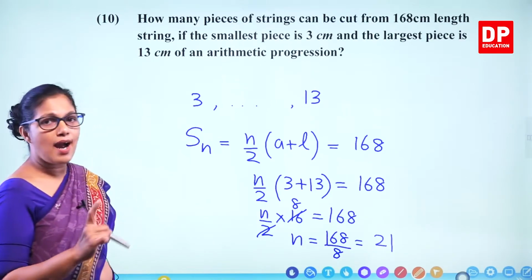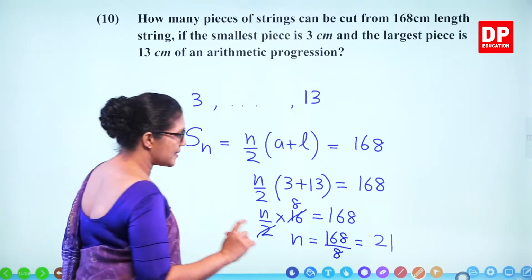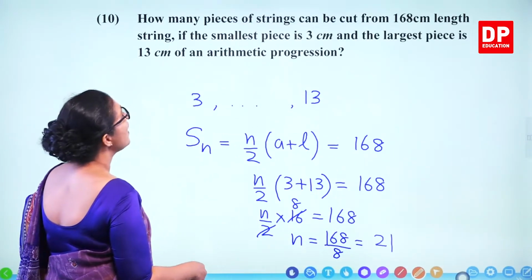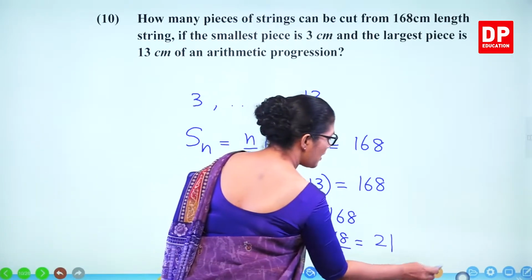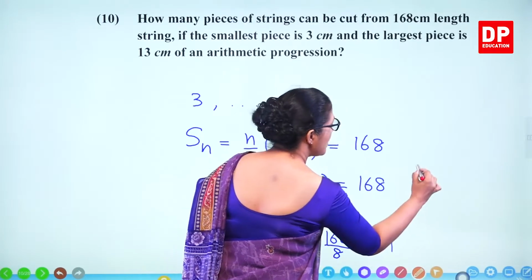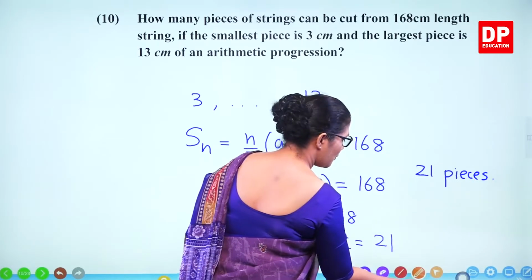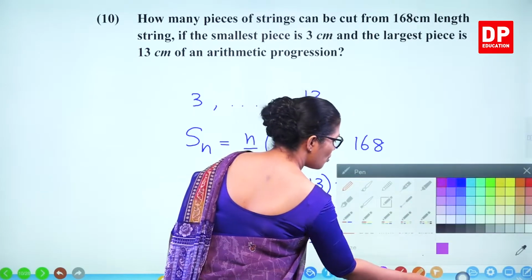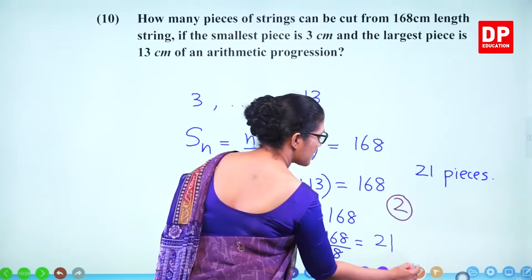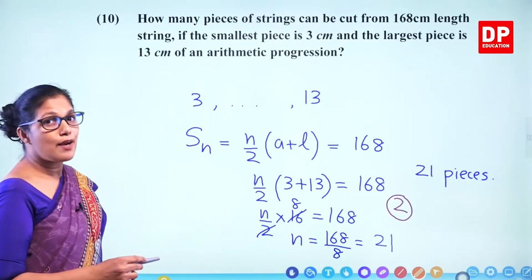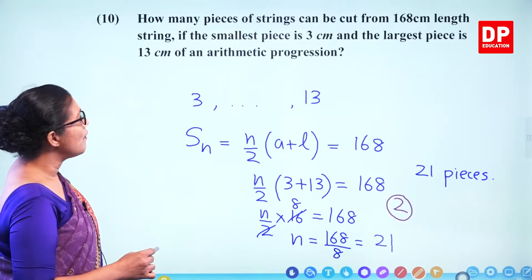So we can cut 21 pieces from that. So n is 21. So we'll write down 21 pieces you can cut. So 2 marks for the answer. 1 mark for the method and 1 mark for the final value.